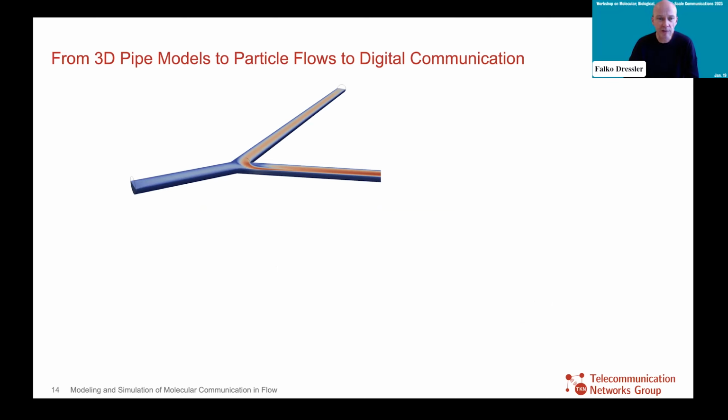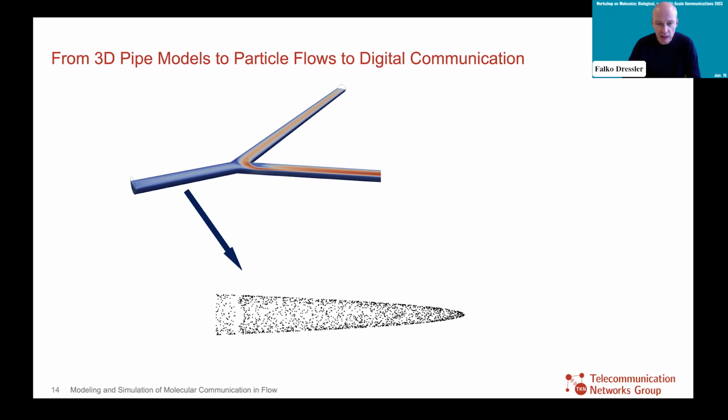So what we did is we modeled the pipe system. We started modeling the flow in our pipe system, so that we can identify different flow characteristics and flow properties within it.